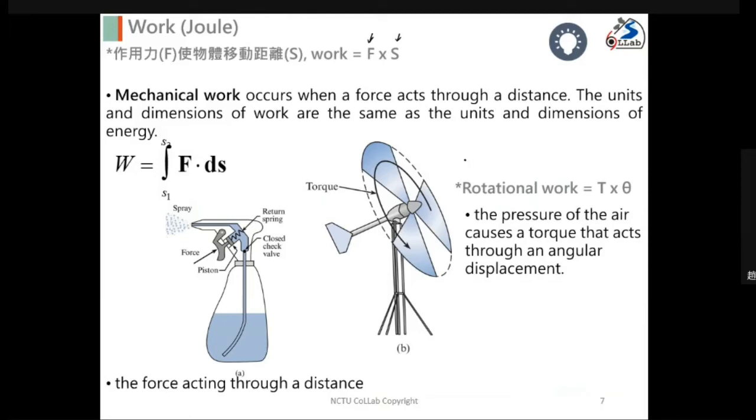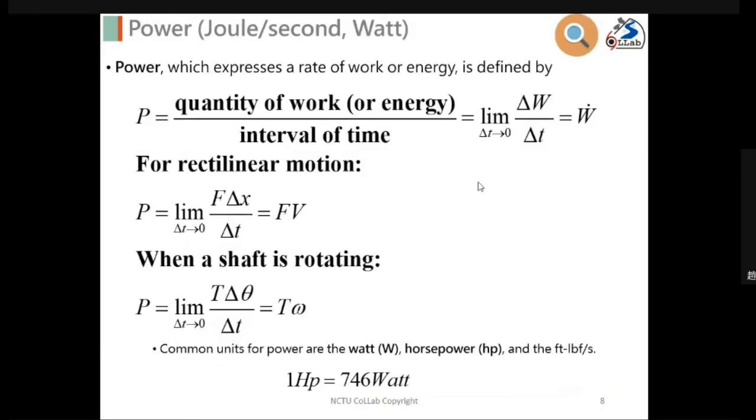This is for the situation when the block is moving in a straight line. But if our problem includes rotational motion, we need to multiply the moment by the rotation angle to compute the work. And this work we call rotational work.